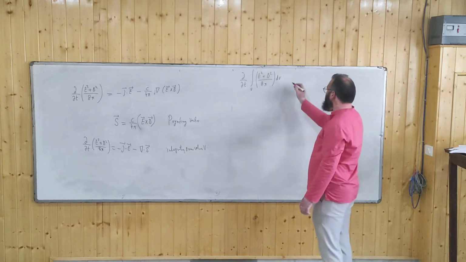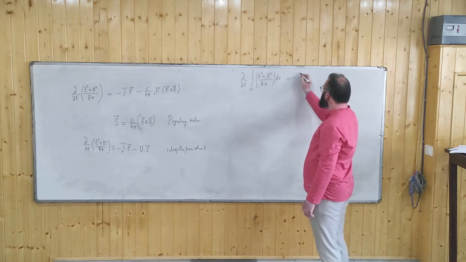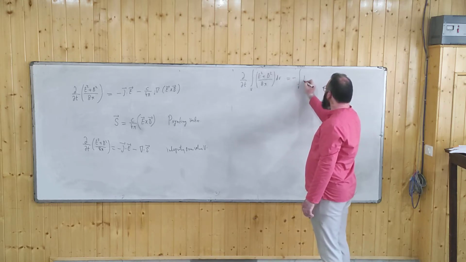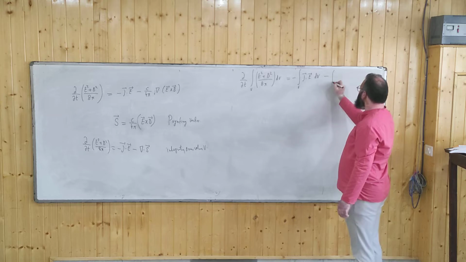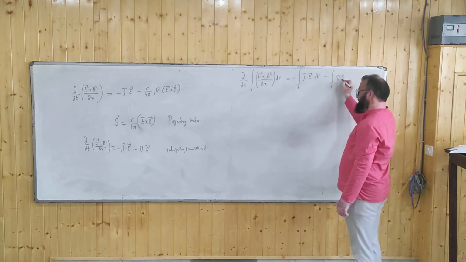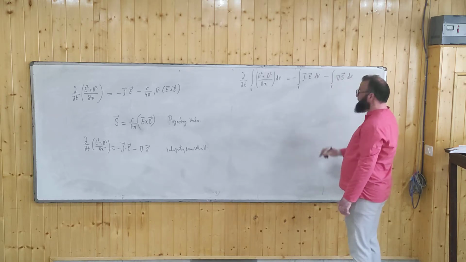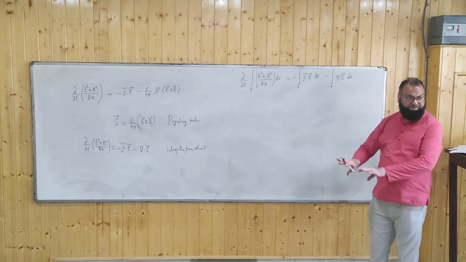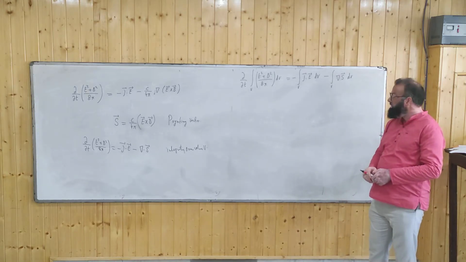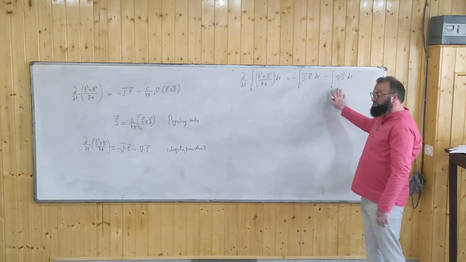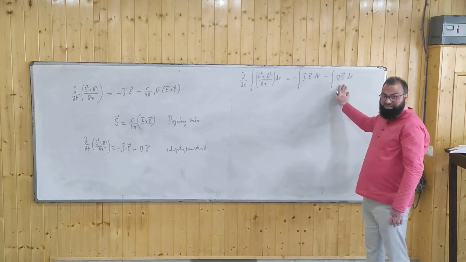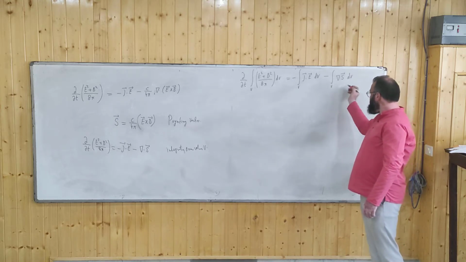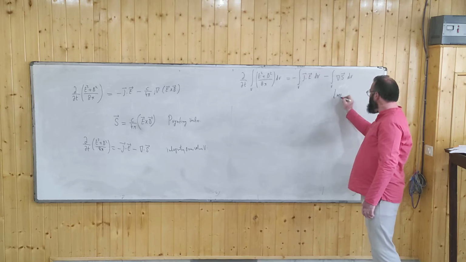Then what I am having: minus integration over volume V of j dot E dV, then minus integration over volume of del dot S. Clear? I have simply put the integration here. Now let's apply the Divergence Theorem on this. This is del dot a vector, so we can convert this to the surface integral, applying Gauss law.